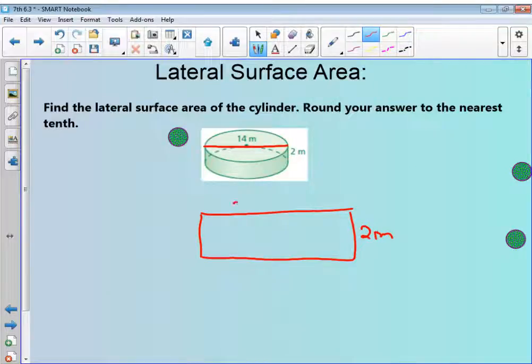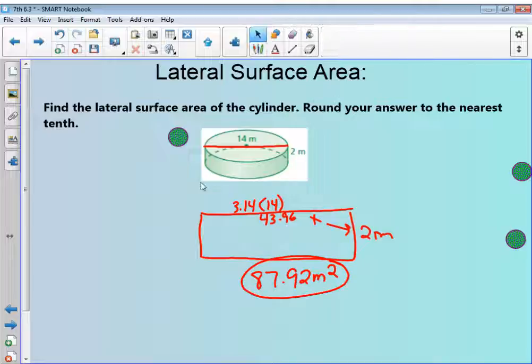We're going to do pi, 3.14, times the diameter, which they told us was 14 this time. 3.14 times 14 gives us 43.96, and we're just going to take that times 2. And when I do that, I get 87.92. Units were meters, and it's surface area, so it's squared. Pretty simple, not too terribly hard.